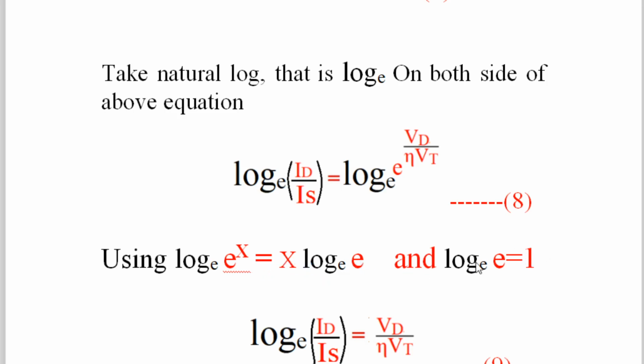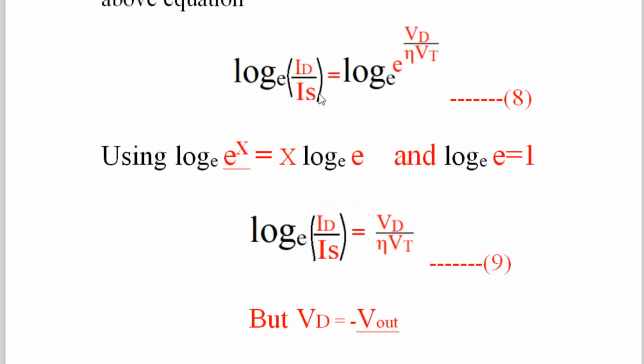So by using this logic, on the right hand side, log to the base e of e raised to something, e raised to this entire parameter which you define as x. So this x will come here, and on the left hand side there is no change, log of ID divided by IS. Because VD divided by eta into VT we are treating as x, that will come here, and what will remain is log to the base e of e, and that is 1.